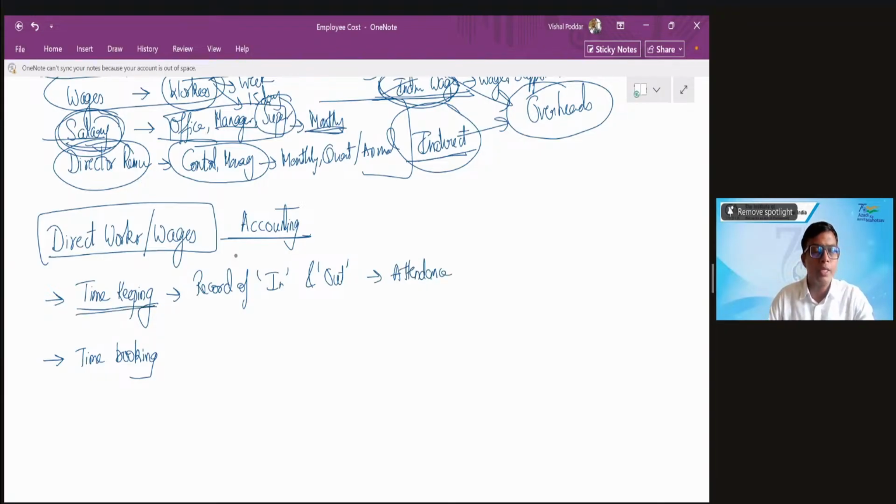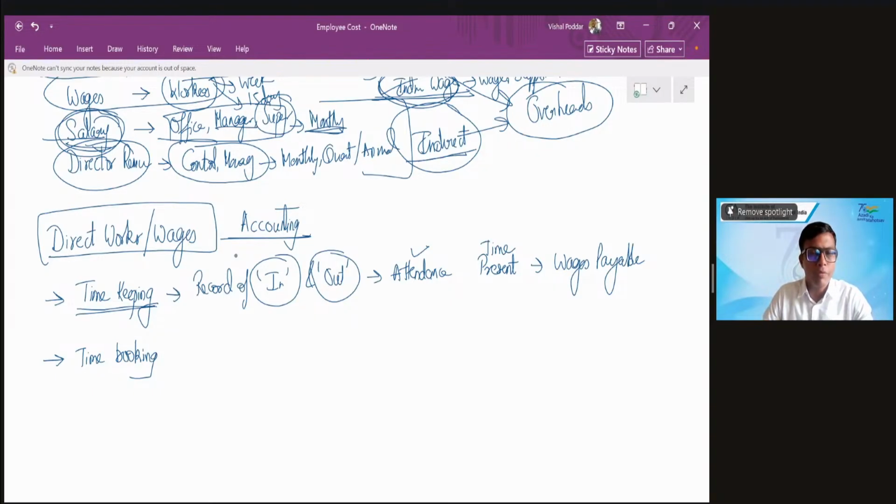So basically, the timekeeping procedure of accounting will record the time when the worker has entered the factory and when the worker is leaving the factory. This marks the attendance, whether he was present or absent, plus marks the time for which he was present in the company. Now, both these things are required to ultimately decide how much wages is payable to that worker.